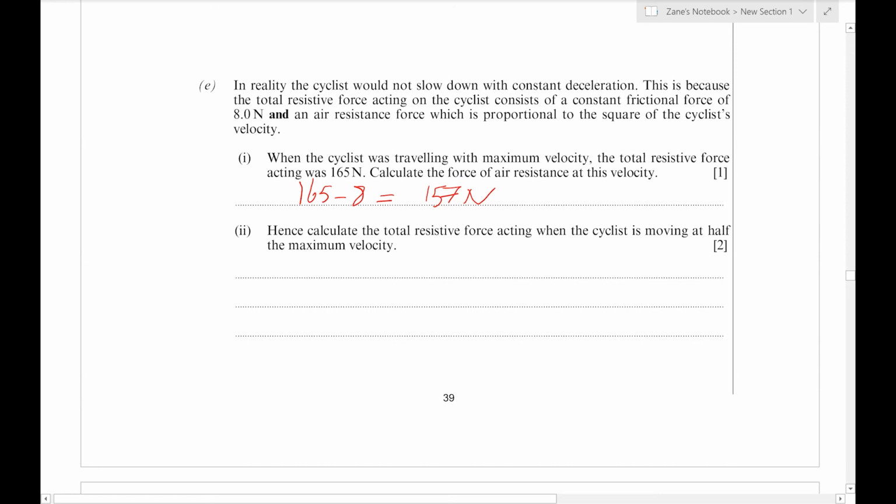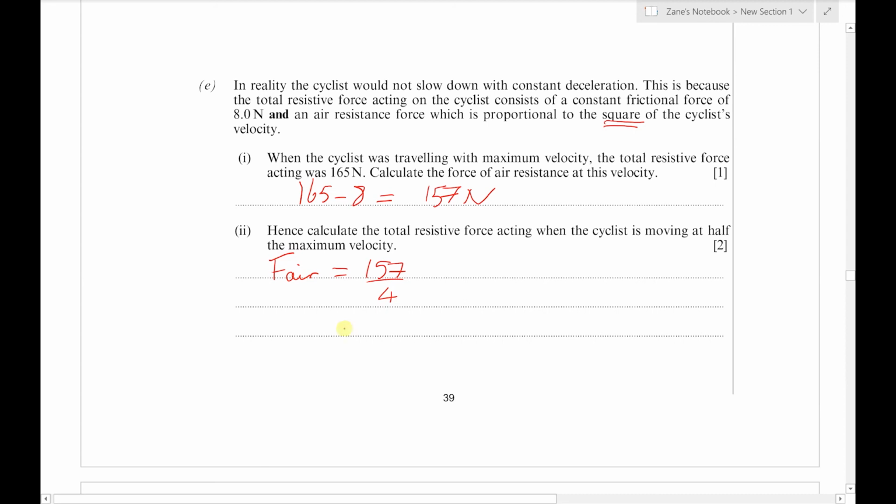Then we've got to find the total resistive force acting on the cyclist when it's moving at half the maximum velocity. Well, here the important bit is the proportionality to the square of the cyclist's velocity. So if we halve the cyclist's velocity, it means that the air resistance force isn't going to just divide by 2, it's going to divide by 2 squared, or 4. So the first step is to simply divide the air resistance force by 4.